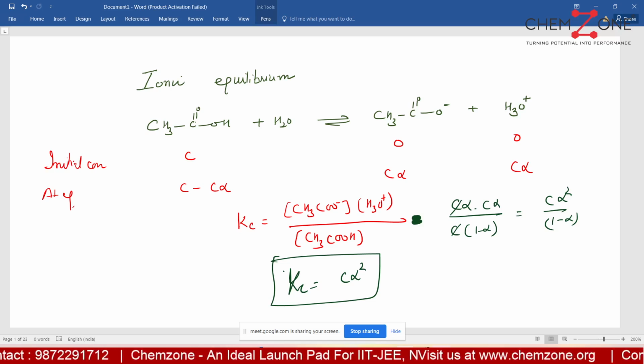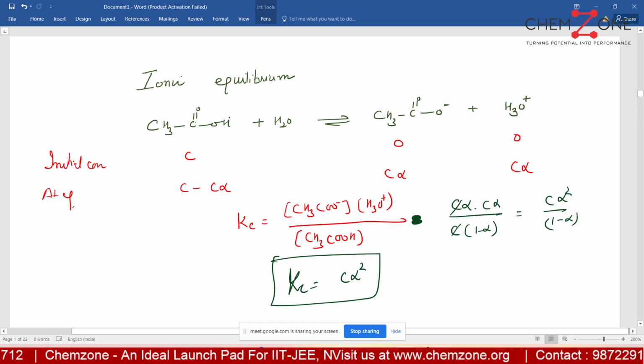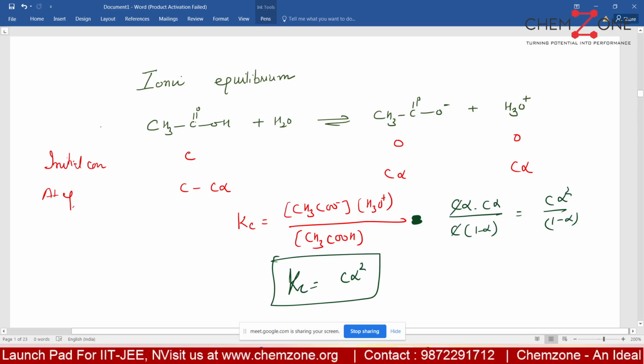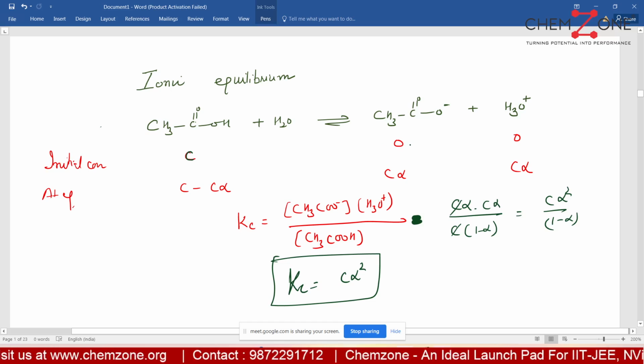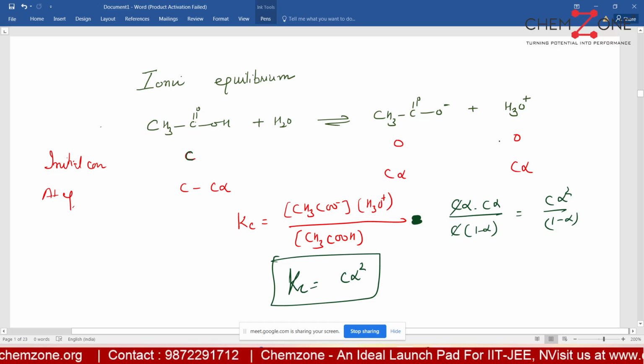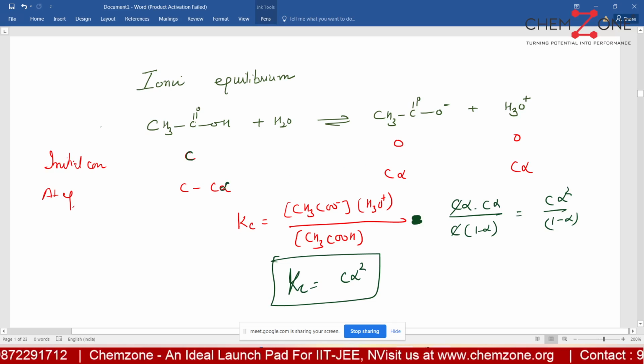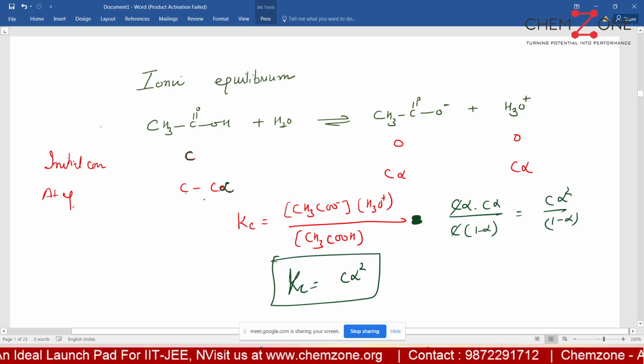So can you please explain this again? Which part? Is the first from the initial concentration? Okay, initial concentration C. It means it is not dissociated, so products are equal to 0. If I say alpha is the degree of dissociation, so C minus C alpha will be left.